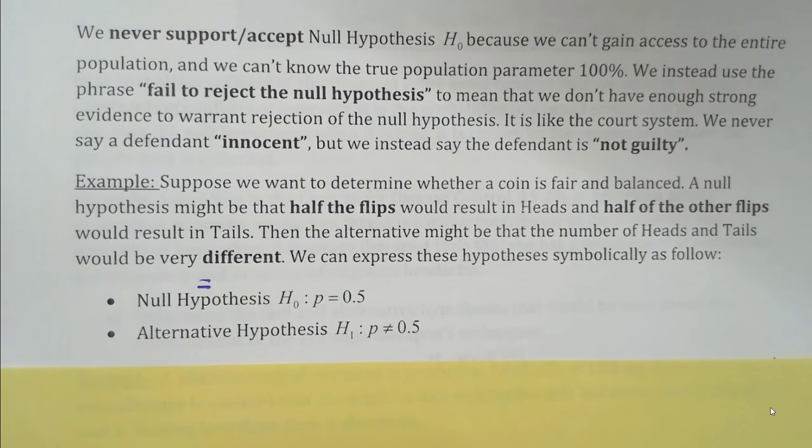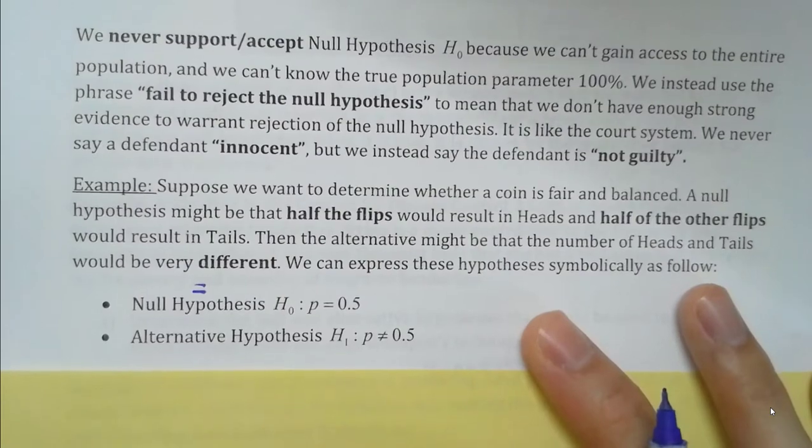And then we make the claim. The claim is the alternative hypothesis. We say that the proportion should not be equal to 0.5, or very different, or different means not equal. So this is an example of how to construct the null hypothesis and alternative hypothesis.